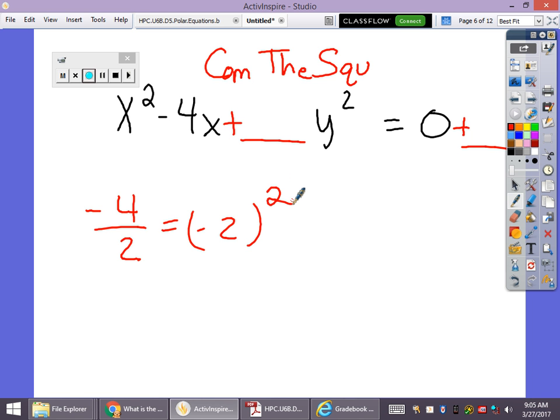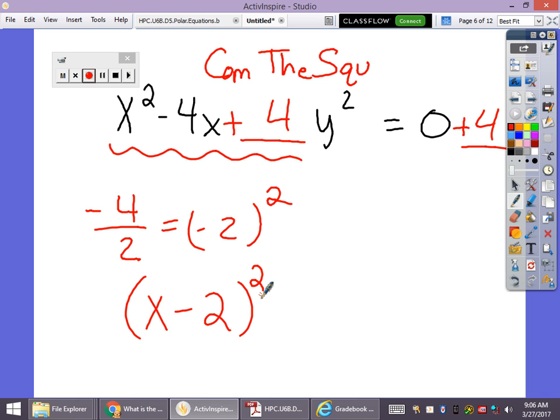What is it? 4. There's a 4. Now this becomes x minus 2 squared. So I have an x minus 2 squared plus y squared equals 4. Now it is done.